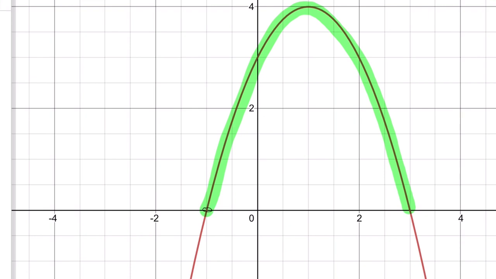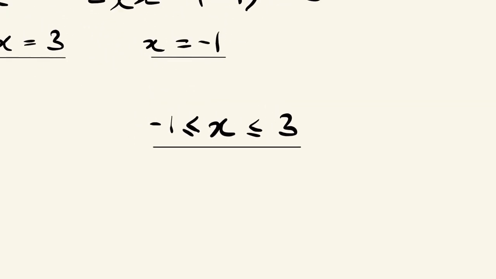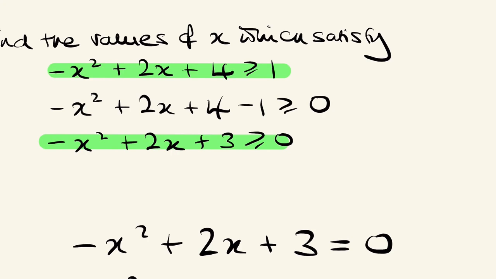It's between minus 1 here and then down to 3, where it's equal to 0 there, but anything before it, down to minus 1, has always been greater than or equal to 0, or above the x-axis. So that would be our solution to this question.